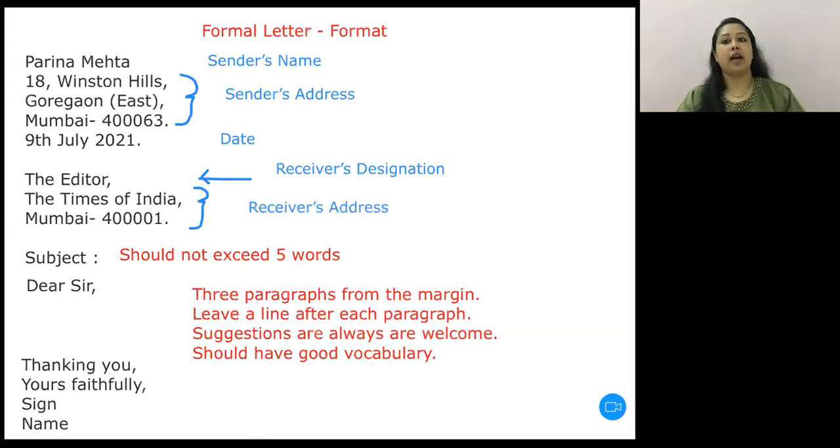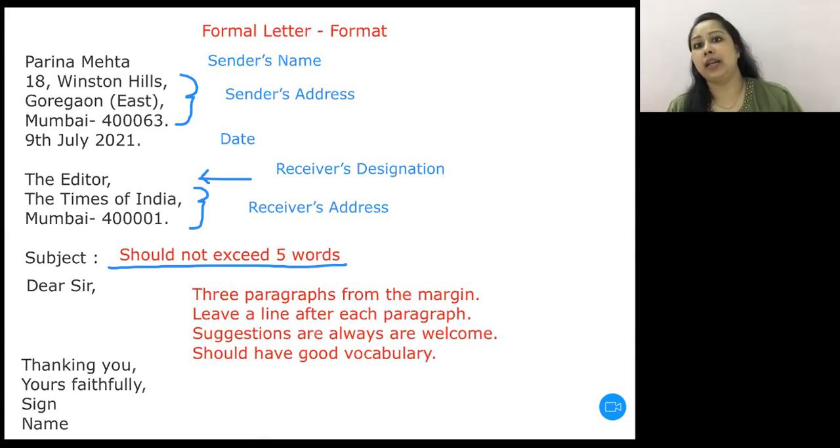Now, similarly, we have the subject. We do not write a subject in an informal letter. It is only a part of a formal letter. And usually, let me tell you, the subject is underlined. You underline the subject to draw the receiver's attention to why the letter is drafted. So it is usually underlined.